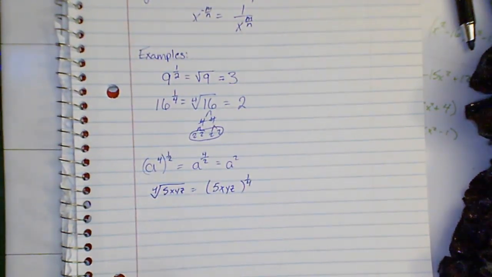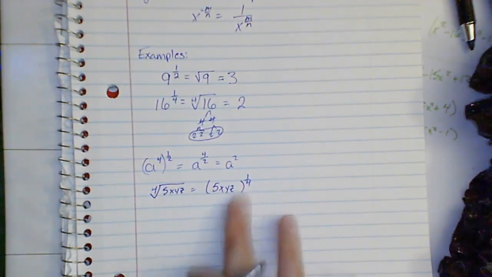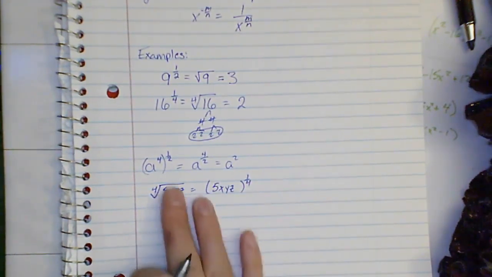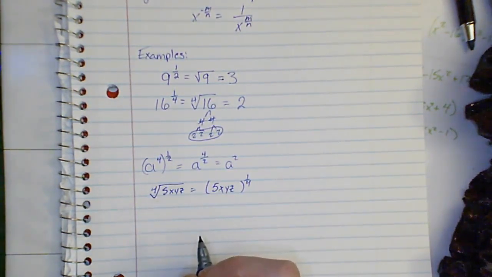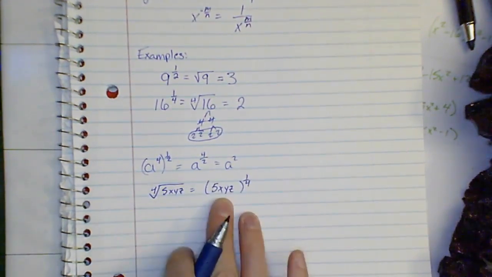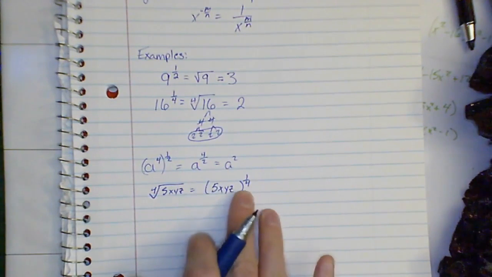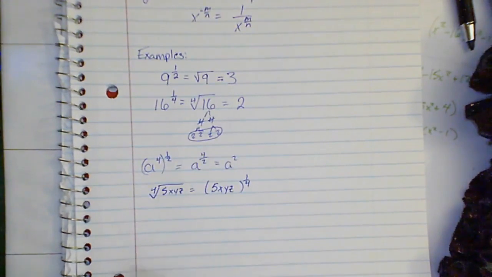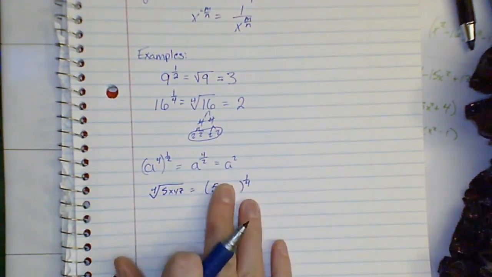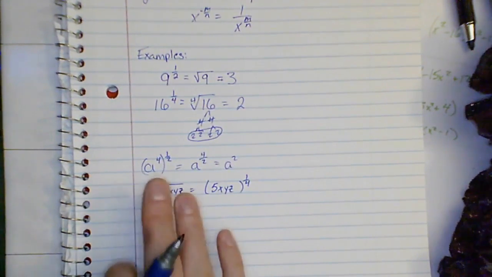This would probably be good to use if you were adding, subtracting, multiplying, or dividing your terms and you want to combine them instead of using the square root, cube root, or 4th root in this case. So you can keep going back and forth. Again, it depends on what situation you're in. A lot of times it's easier to simplify this way or in terms of a radical.